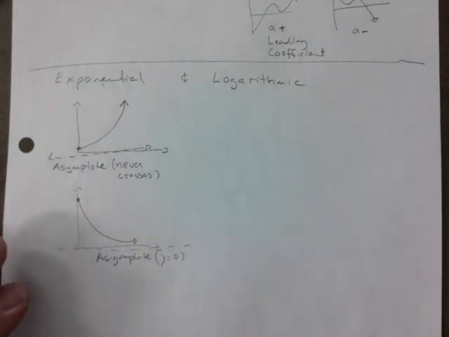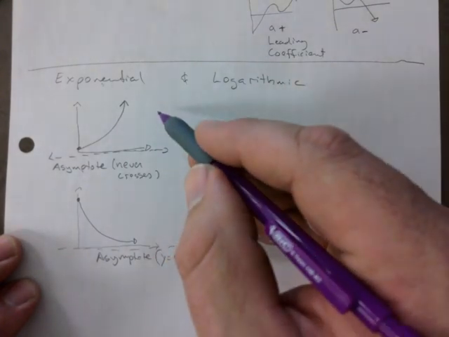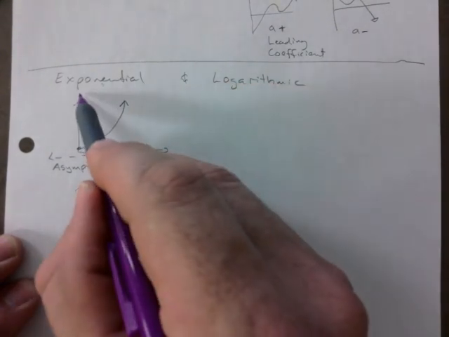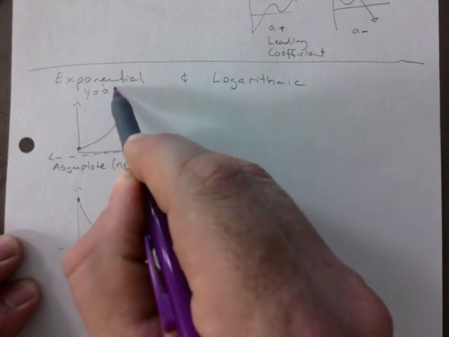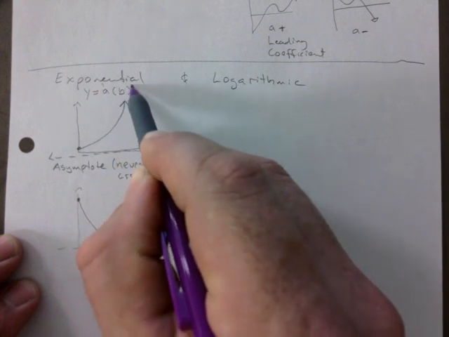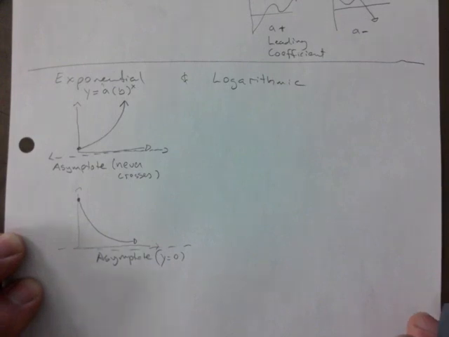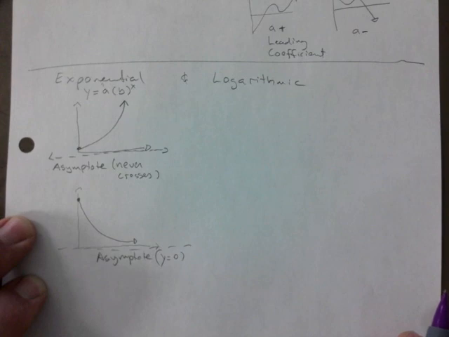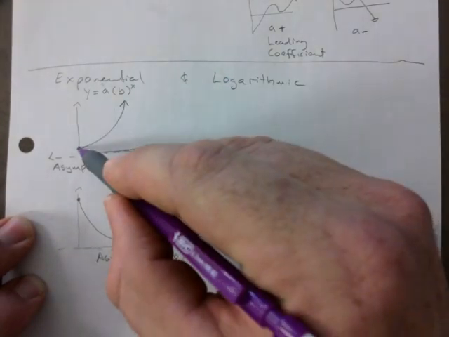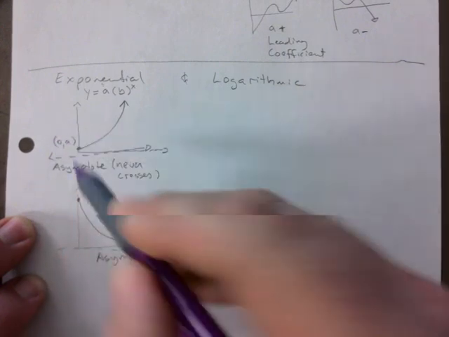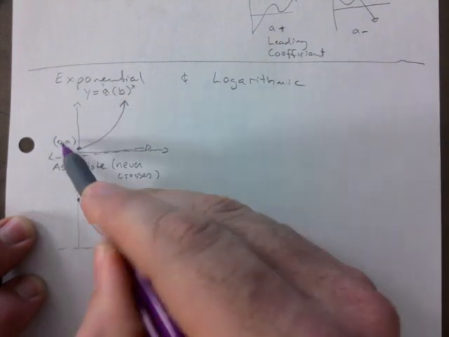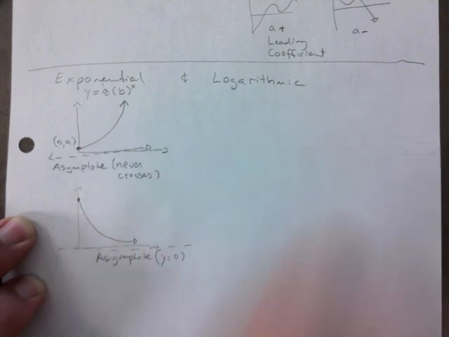How do we know the difference here? In general, the exponential looks like this. y is equal to a b to the x. And the y-intercept here is always going to be (0, a), always. So whatever a is, that's going to guarantee you the y-intercept.